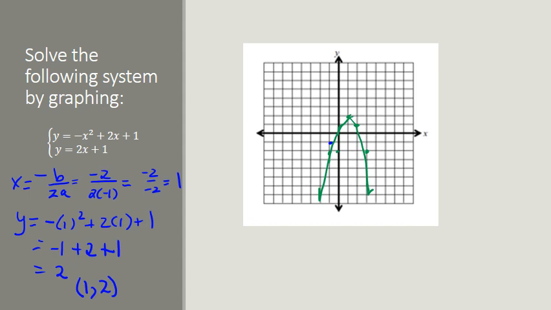And so it just kisses and intersects at that 1, 2. Now, if we had a line that cut through the parabola like that, you could have two solutions. If it didn't cut through the parabola at all, there would be no solutions.